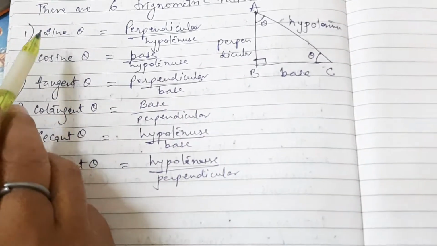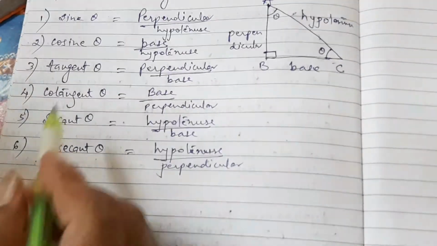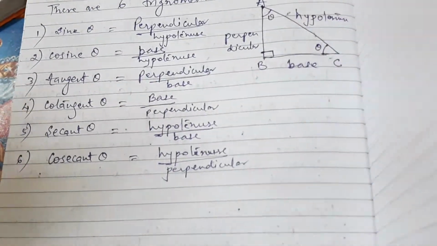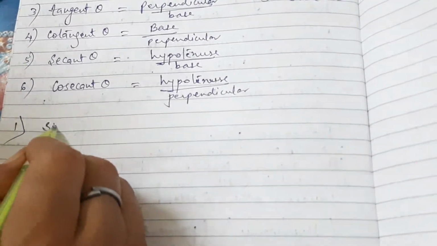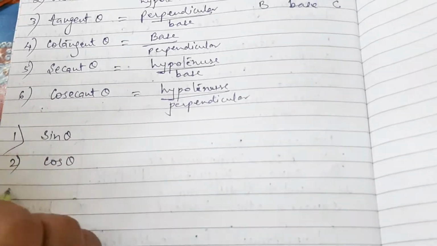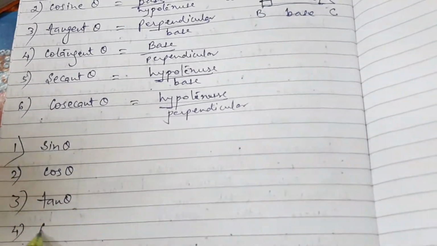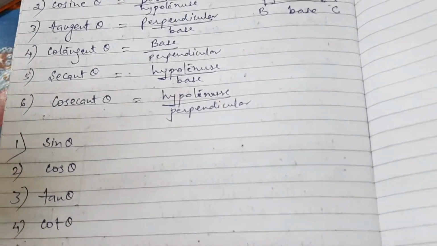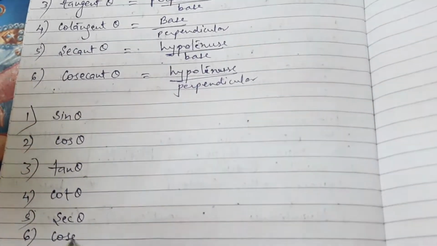These are the full forms of sine, cos, tan, cot, sec and cosec. Normally we use sin theta, cos theta, tan theta, cot theta, sec theta and cosec theta.